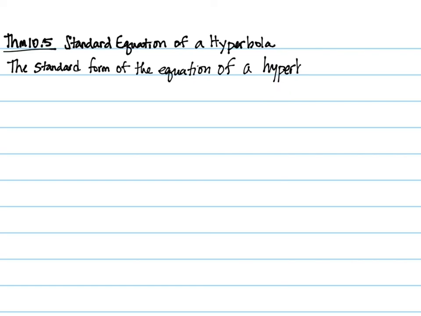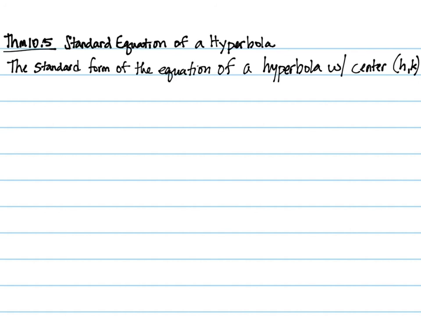I cannot collapse these into one like I did with the ellipse, so this one actually looks just like your book. So the standard form of the equation of a hyperbola with center (h, k) is the following.